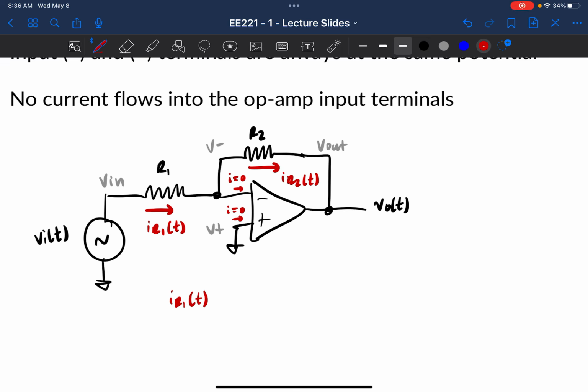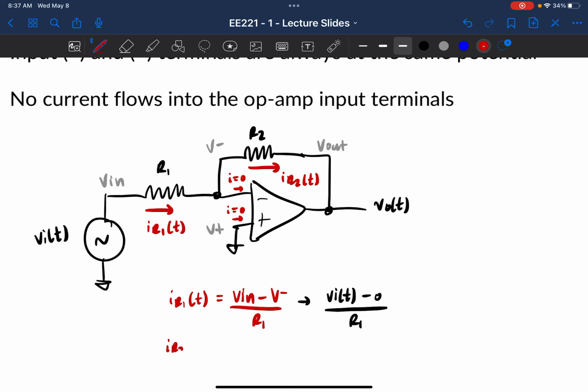IR1 of t is going to be equal to the voltage at V in minus the voltage at V minus, divided by R1, which is V in of t, basically. And I just said that the voltage here is 0 since this is ground. So according to rule number 1, the voltage at V minus also has to be 0. So that's just going to be minus 0 divided by R1. All right, that's the first current.